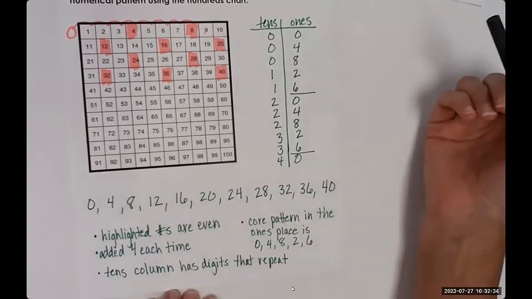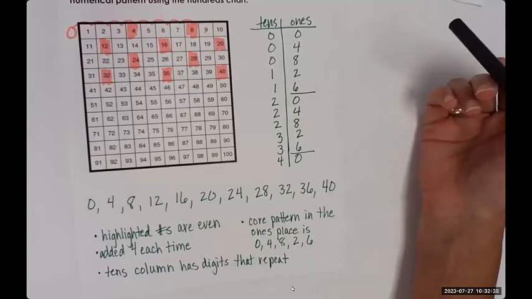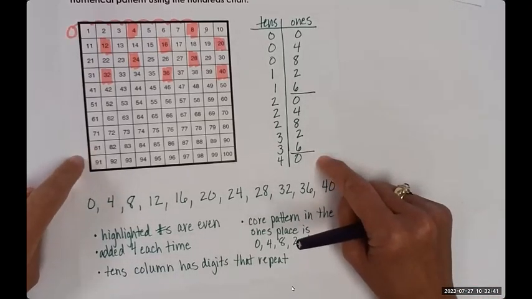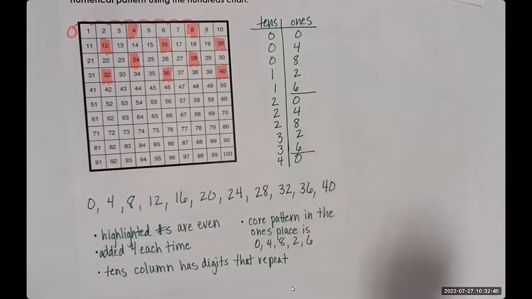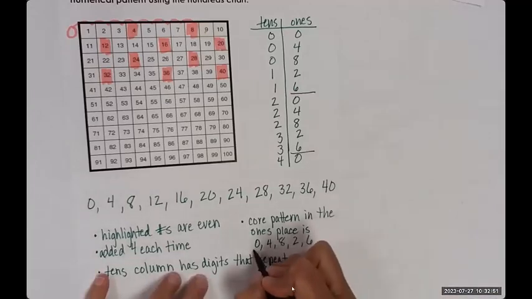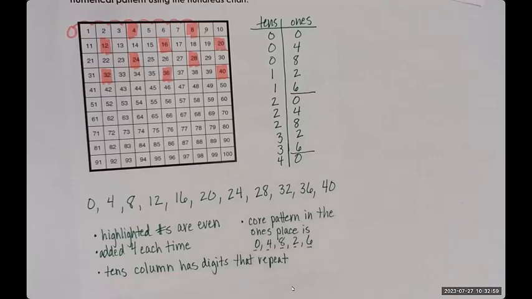For example, as you and your kids encounter multiplication problems that have a factor of 4, come back to this chart and remind students that the product of a problem that has 4 as a factor has to have either a 0, a 4, an 8, a 2, or a 6 in the ones place. That will be helpful for them to reason through and determine if the product they got is actually reasonable.